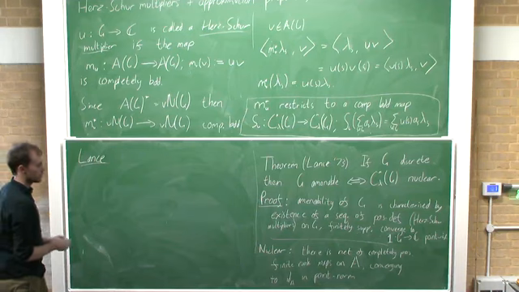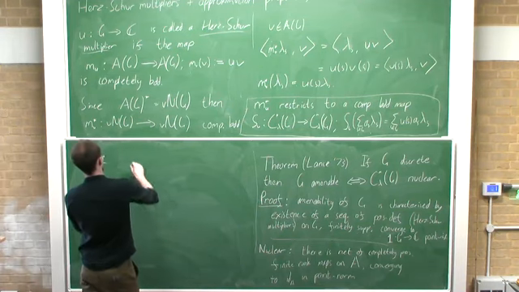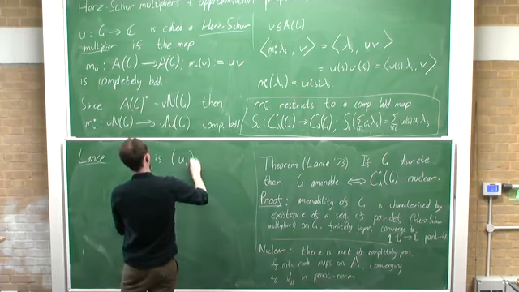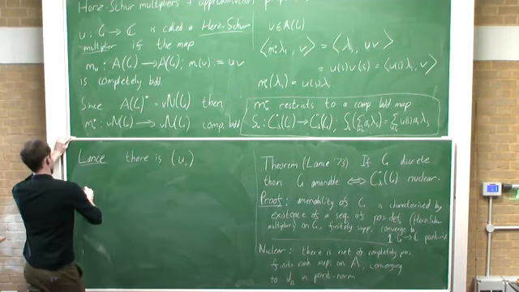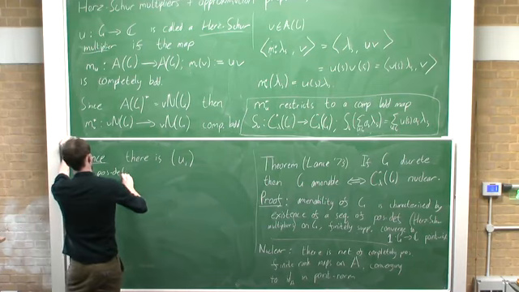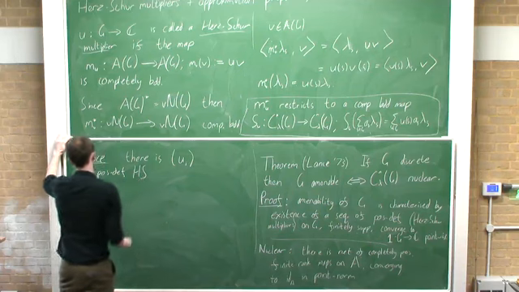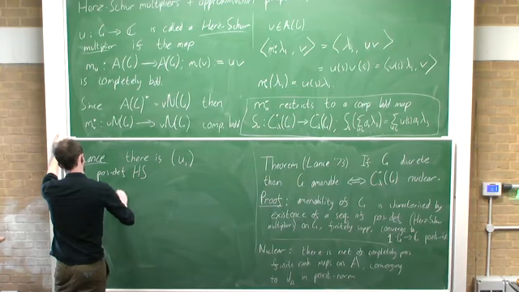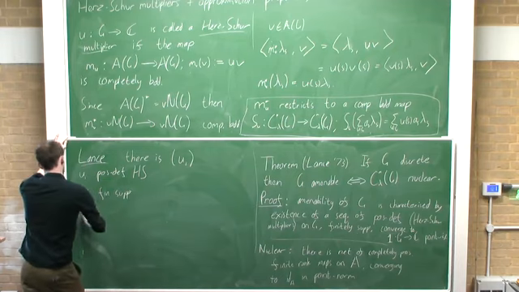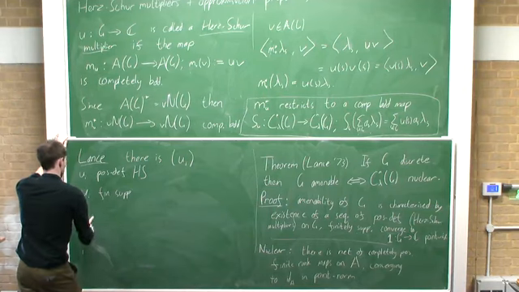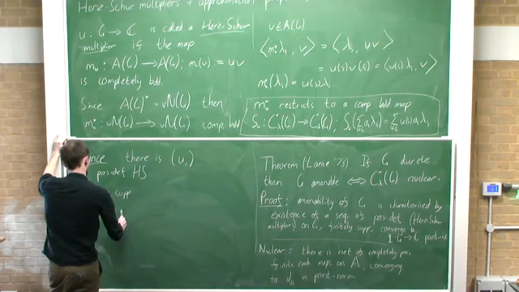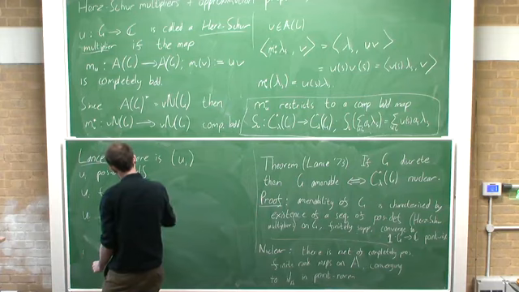So what Lance did was say there's a net u_i of positive definite Herz Schur multipliers. Each u_i is finitely supported, and the sequence u_i converges to the constant function.